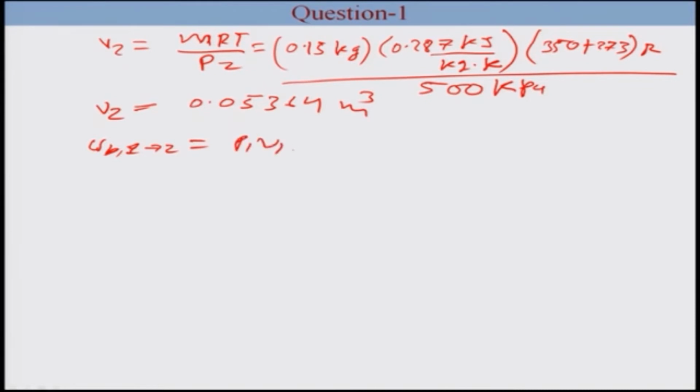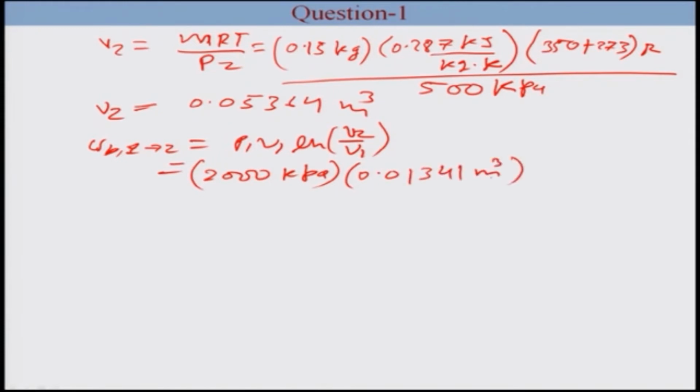Now putting these values in the ideal gas work expression, P1 V1 ln of V2 upon V1. So P1 is 2000 kilopascal, V1 is 0.01341 meter cube, ln of 0.05364 meter cube upon 0.01341.